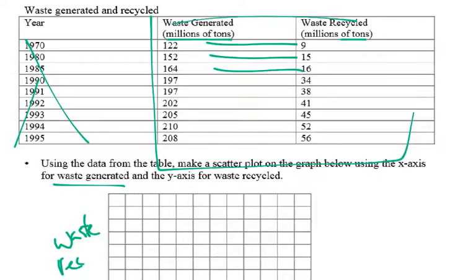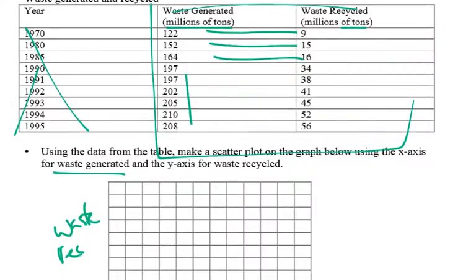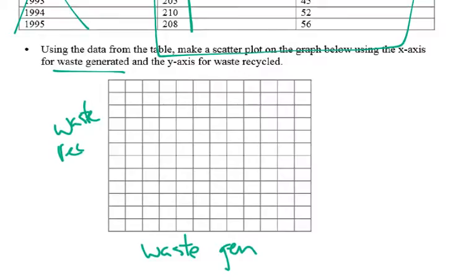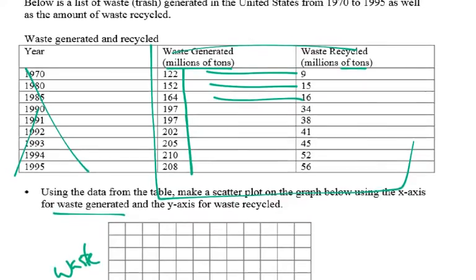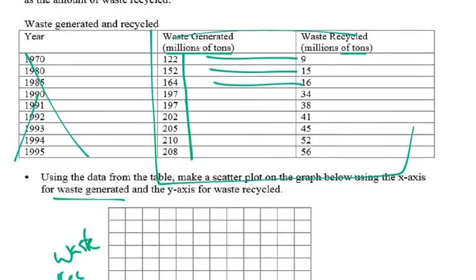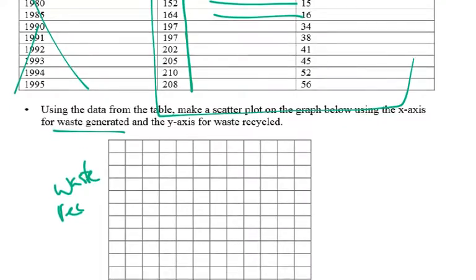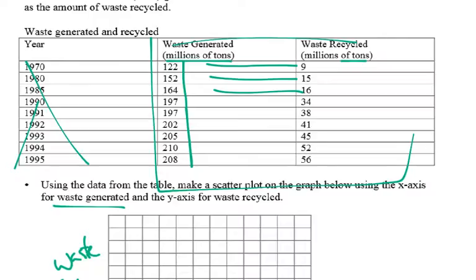So you need to figure out how you're going to scale your graph. So these ones, we go up into the hundreds. So we may want to count by, so 0 here. So waste generated. 122 is where we start, to 208. So they're pretty close together in that sense.